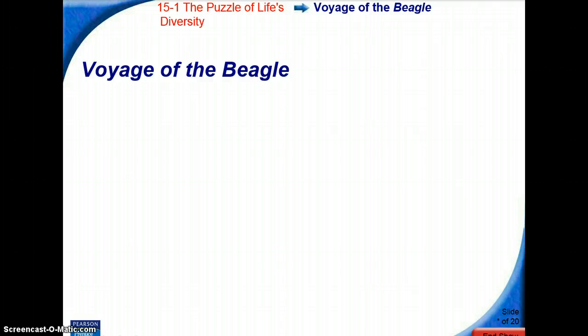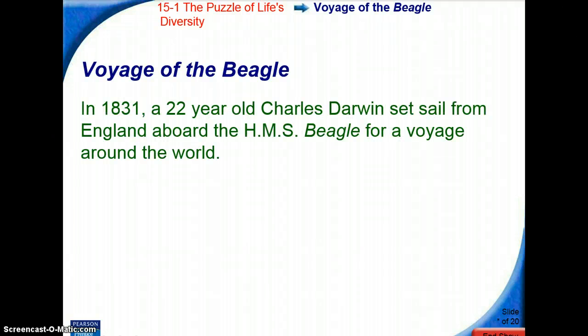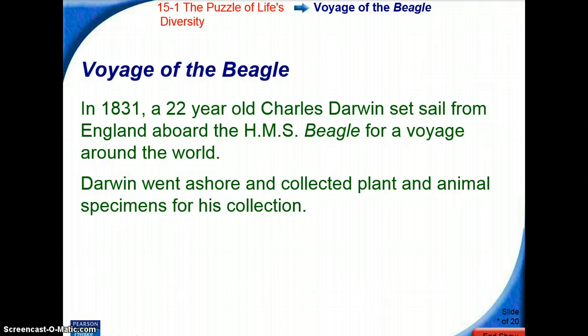All right, so once we start talking about Darwin and diversity, Darwin, in 1831, he was 22 years old and he set sail from England aboard the HMS Beagle for a voyage around the world. And this voyage that he went on took him 5 years. Over the course of those 5 years, he went ashore and collected plant and animal specimens for his collection.